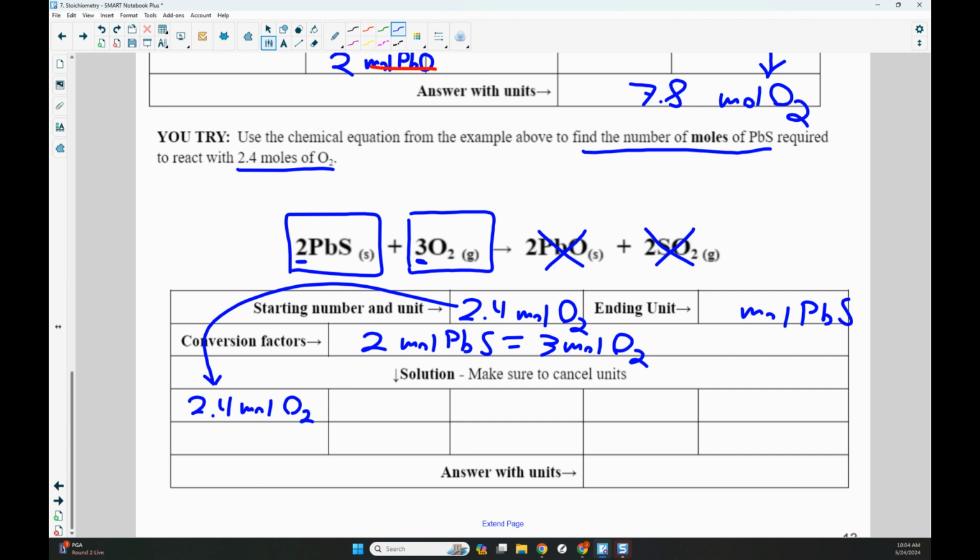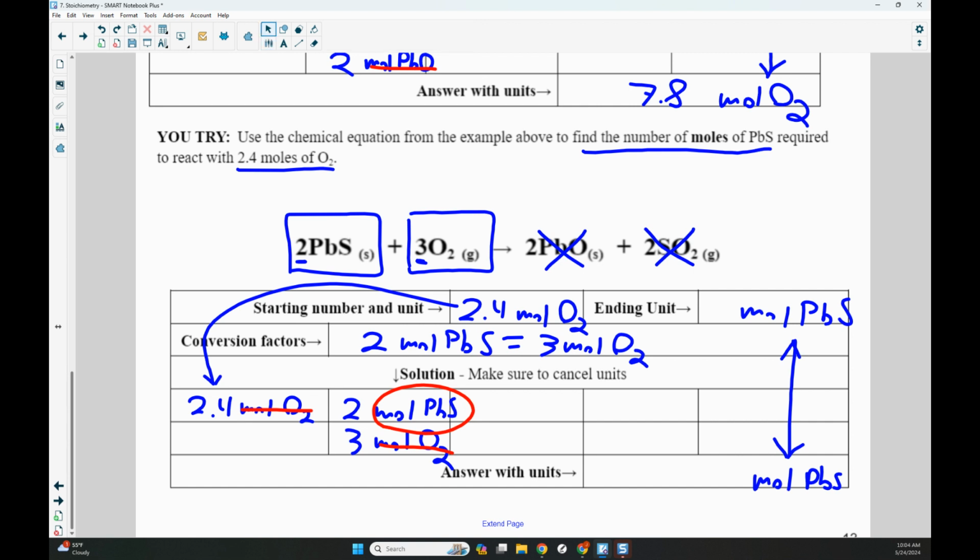And I'm going to multiply by my conversion factor, and I want to put moles of O2 on the bottom, so I'm going to have 3 moles of O2 here. That enables me to cancel out moles of O2 and convert to moles of PbS. So again, I can cancel out those units because they appear on both the top and the bottom. That leaves me with my answer in units of moles of PbS, which is the goal. Again, those should always be the same.